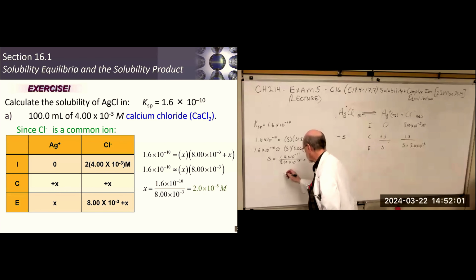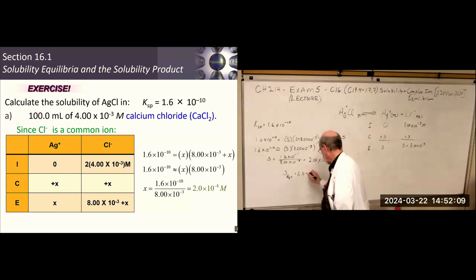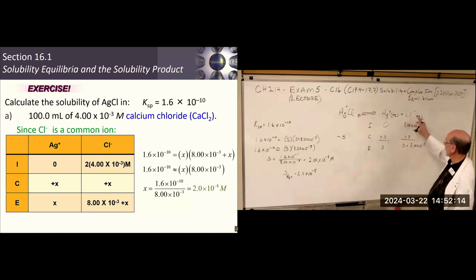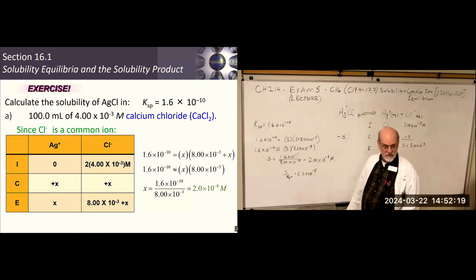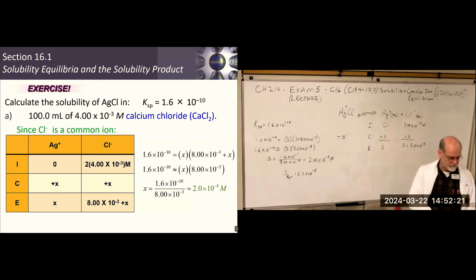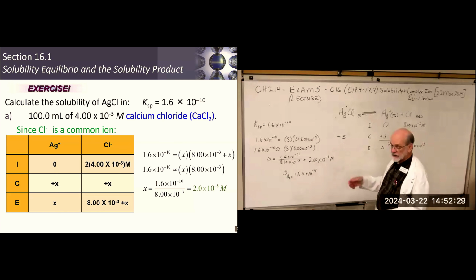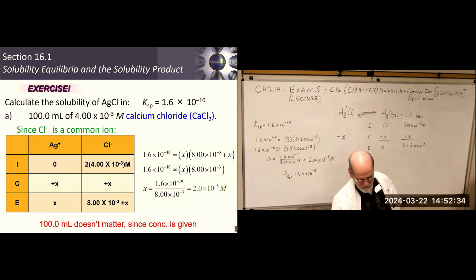So solubility in water equals 1.3 times 10 to the minus 5. So by having that calcium chloride in solution at this concentration reduces the solubility by 3 orders of magnitude. If you want to keep silver chloride out of solution, that's one way to do it. All right, I just threw in that comment.